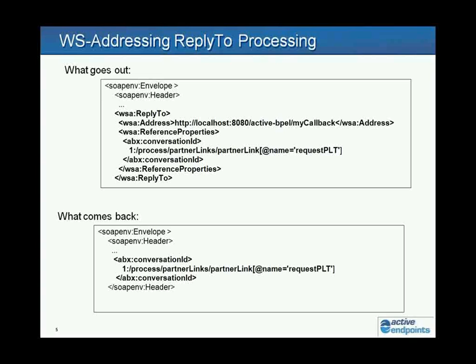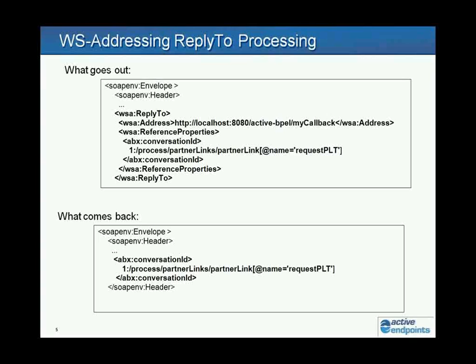Let me just show you how that works. What you get in the outbound headers is a ReplyTo. The ReplyTo has the regular address for the service that the process is listening on, but it also has a reference property.